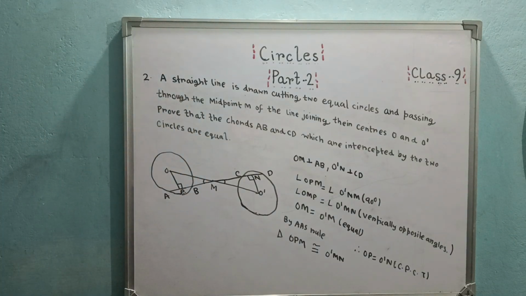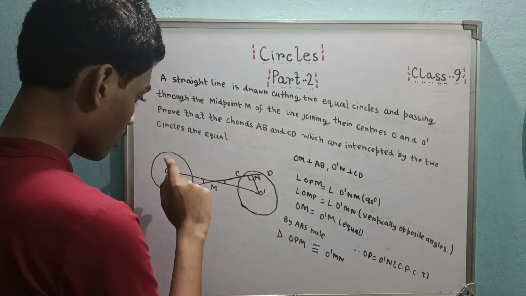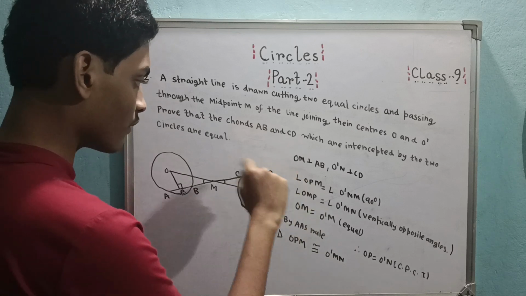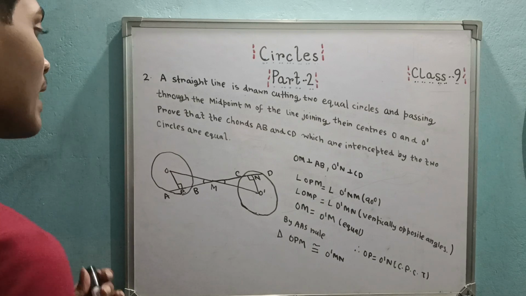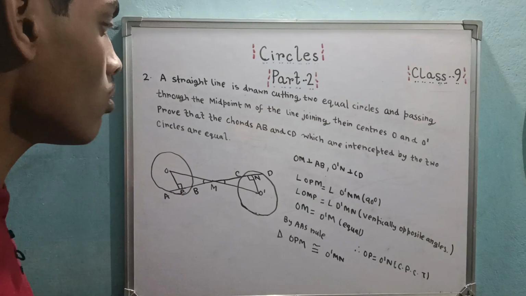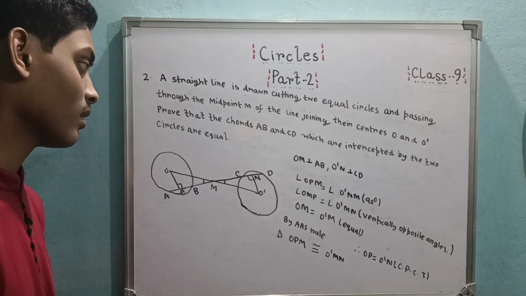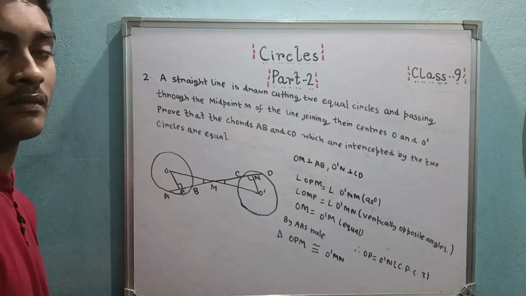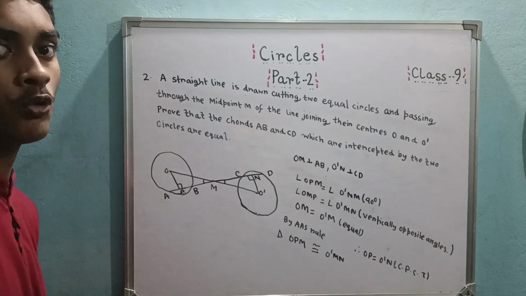That means the distance of the chord AB from the center O is equal to the distance of the chord CD from center O dash. If in two equal circles the distance of the chords from the center is the same, then those two chords are also equal.